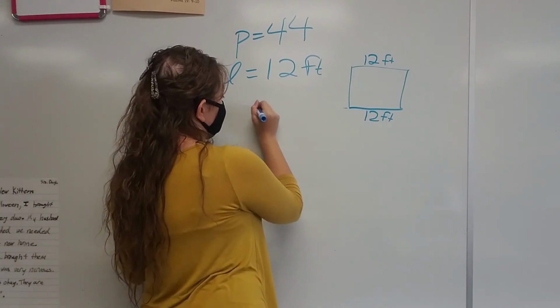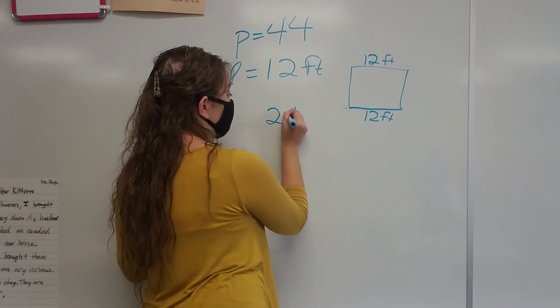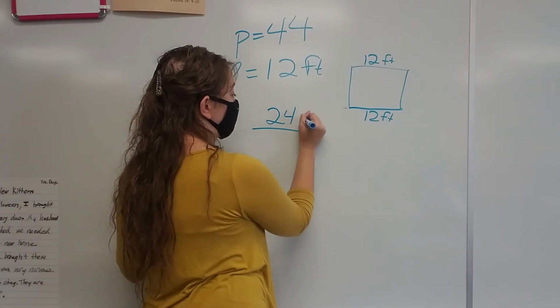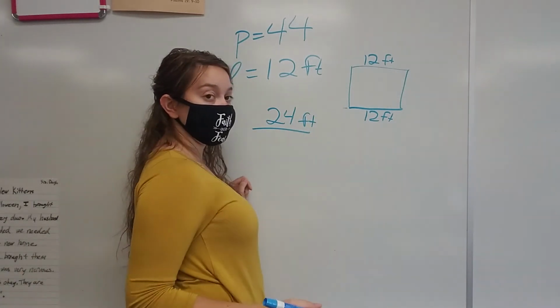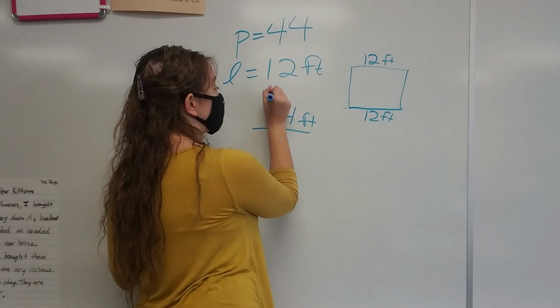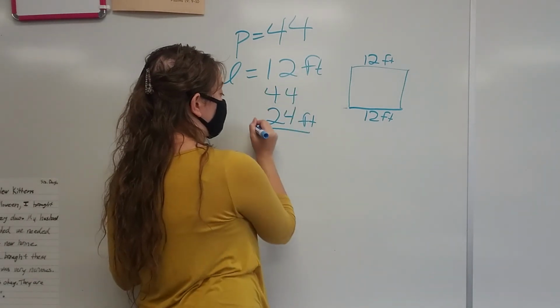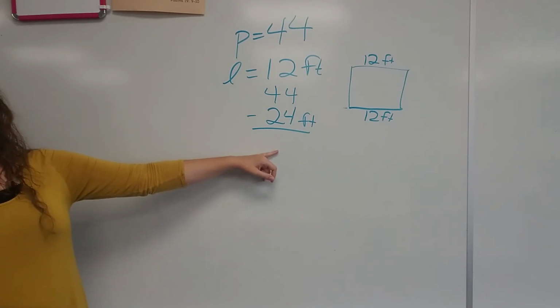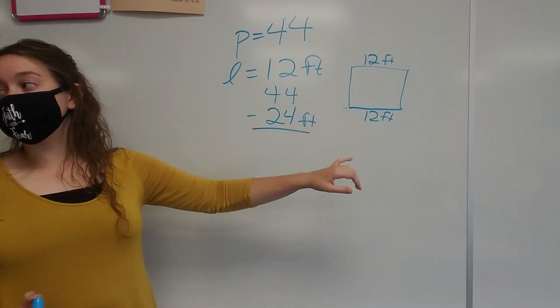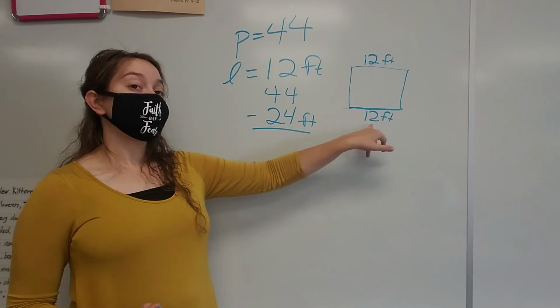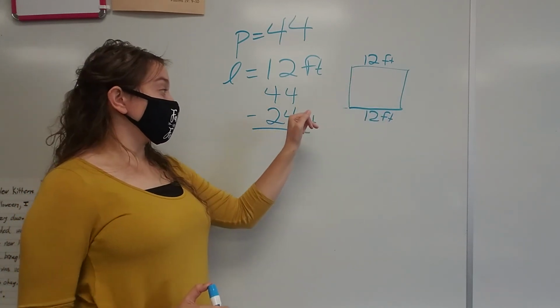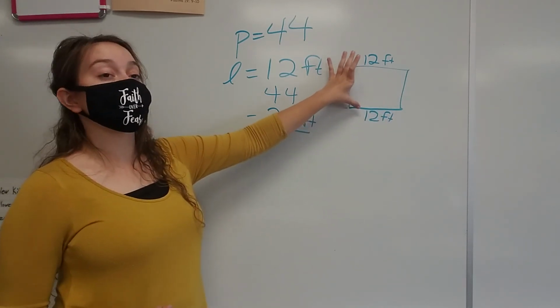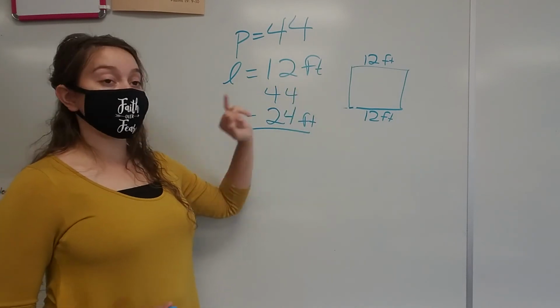So there is already 24 feet being used, right? So we're going to take our total perimeter, which was 44 feet, and subtract the 24 feet that we already know about. Okay? So look up here, guys. We have 12 plus 12 was 24. So we know we've already used 24 of the 44 we had.